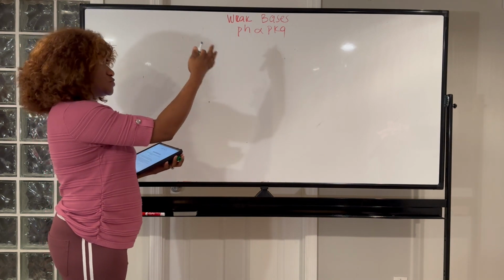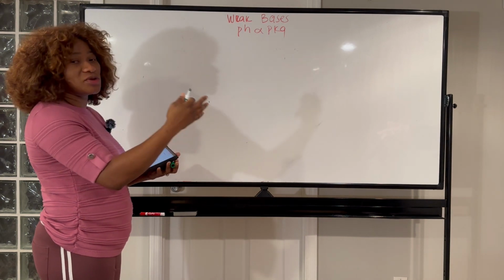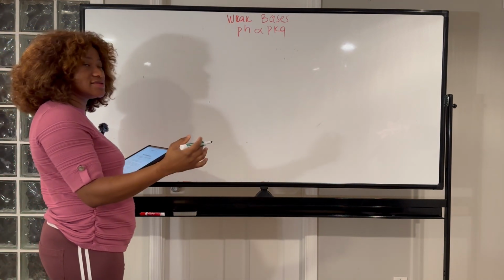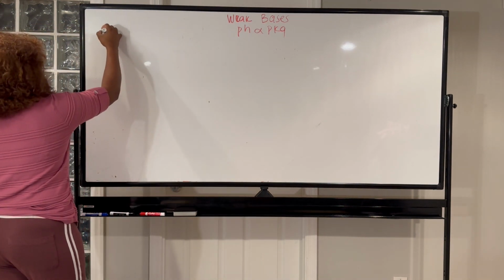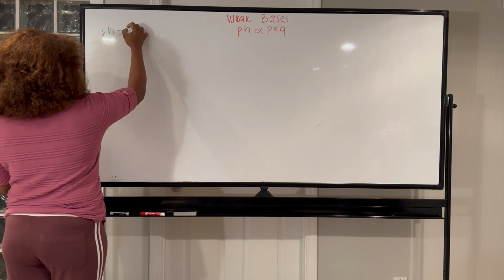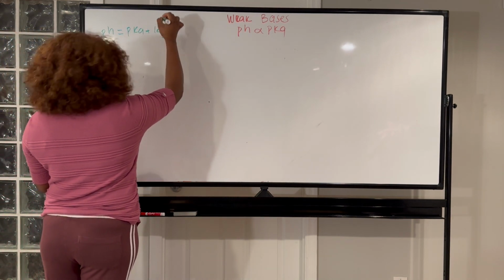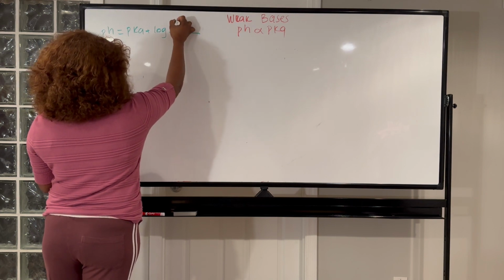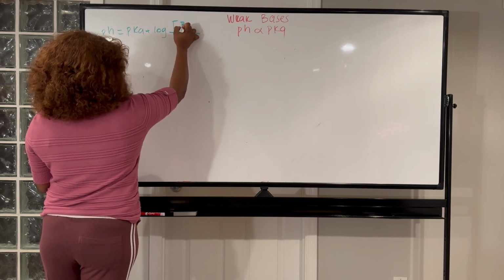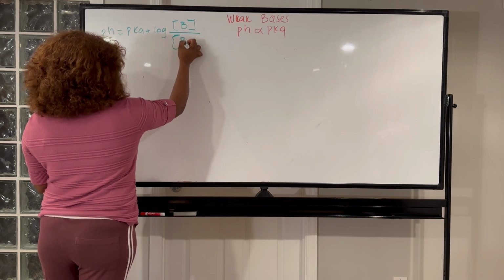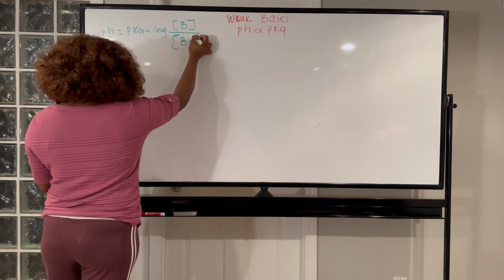pH in relationship with pKa with weak base, we have a different formula. It's slightly different from the acid formula. So it's going to be pH equals pKa plus log, and for the base, it's going to be the log of the non-ionized over the ionized.